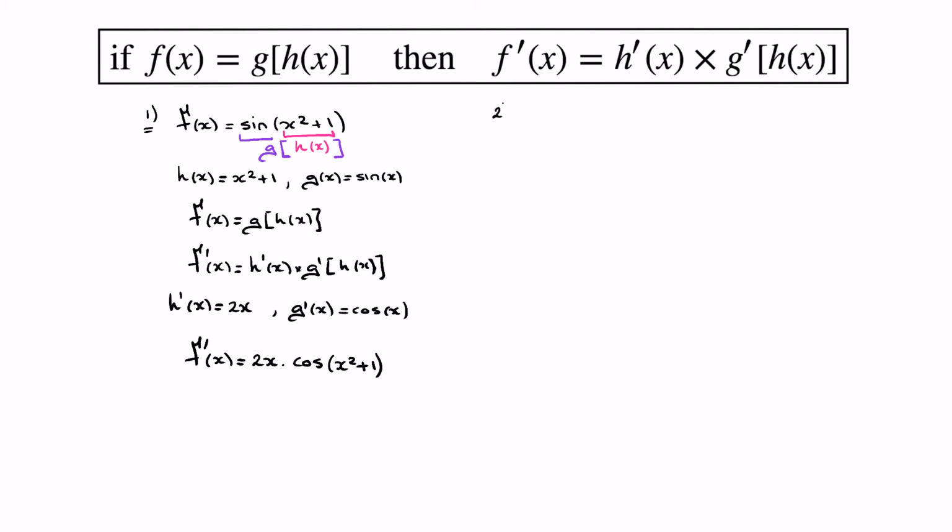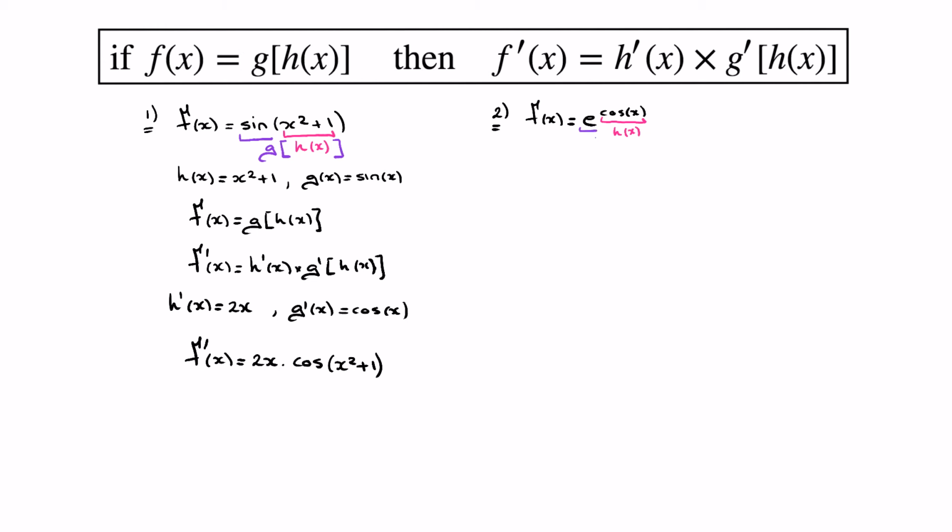Let's say we're given the following function. f of x equals the exponential of cosine of x. That's e to the cosine of x. Now looking at this, again we notice that this is a composite function. And once more we can see that we have an inner function, which here is h of x equals cosine x, and an outer function, which is the exponential e.